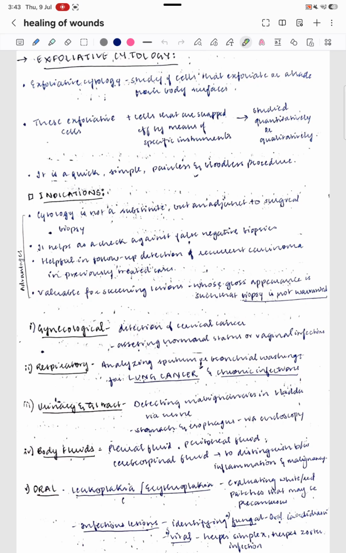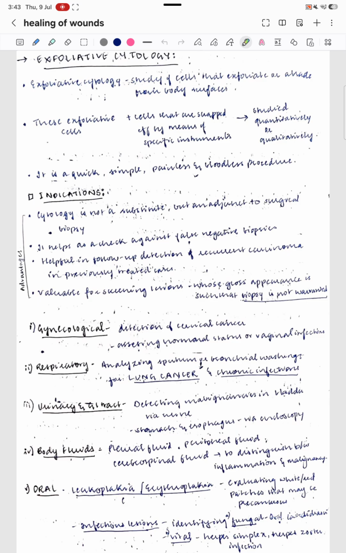So indications: cytology is not a substitute but an adjunct to surgical biopsy. Basically it's just an additive diagnosis, not an exact diagnosis. It helps to check against a false negative biopsy, is helpful in follow-ups, and valuable for screening lesions.